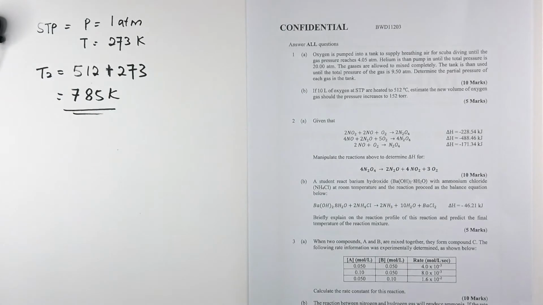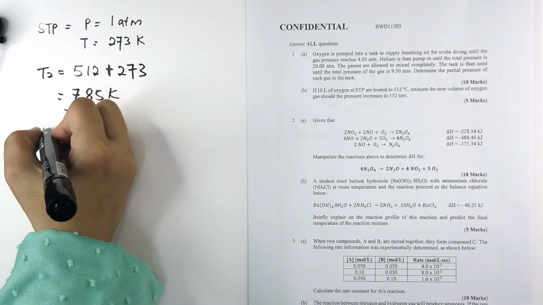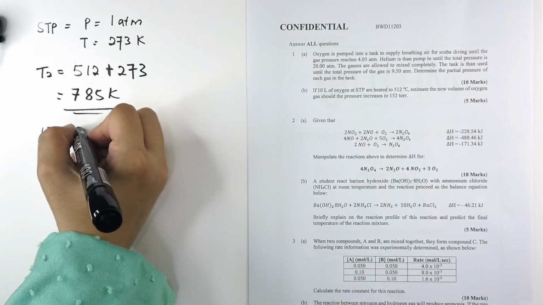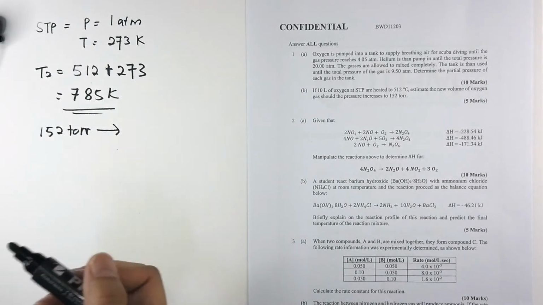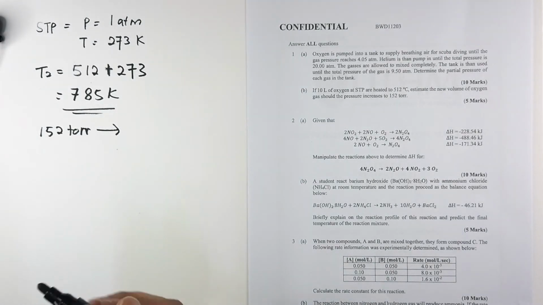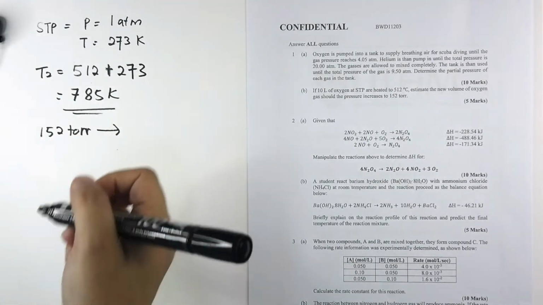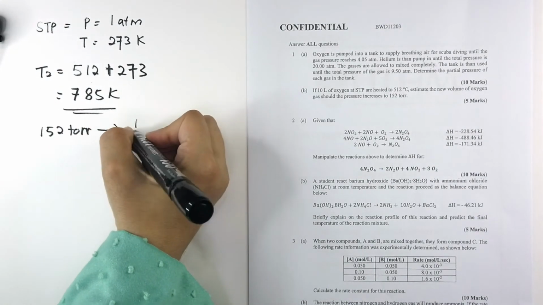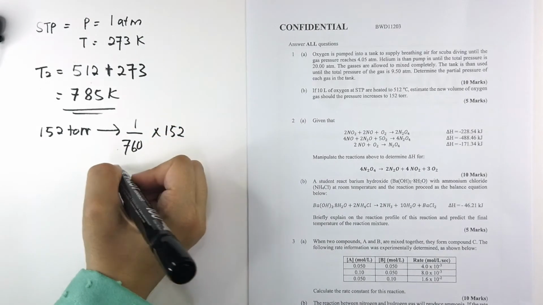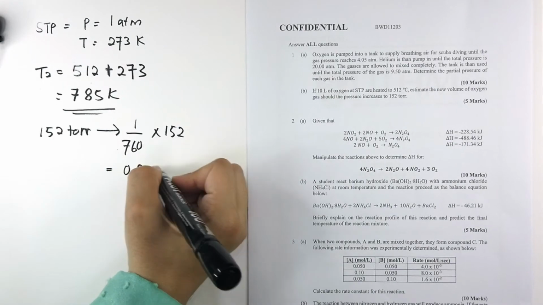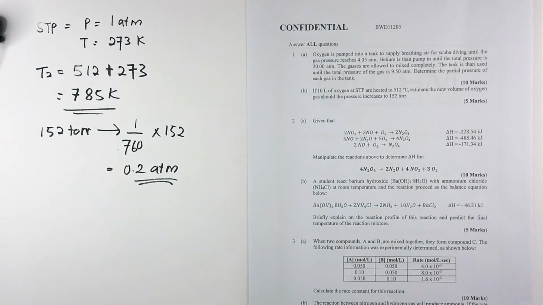What else you need to do is convert 152 torr to atm, because given to you is STP. You need to show how you convert 152 torr into atm: 1 over 760 times 152. So you should get 0.2 atm. That's the first part of the calculation.